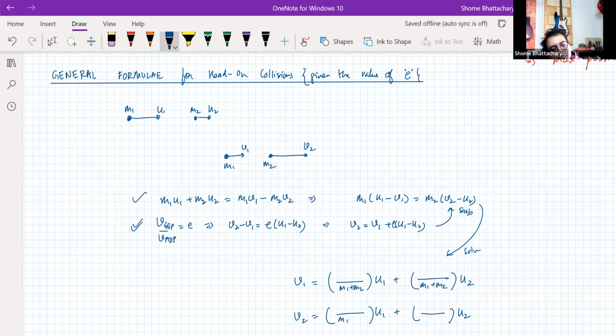It's very easy to remember these coefficients. The cross diagonal terms are M1 minus E times M2, and M2 minus E times M1. And these two diagonal terms are also symmetric, but they are M2 into 1 plus E, and M1 into 1 plus E. So this is like a set of general formulae. Yeah, this is supposed to be plus.